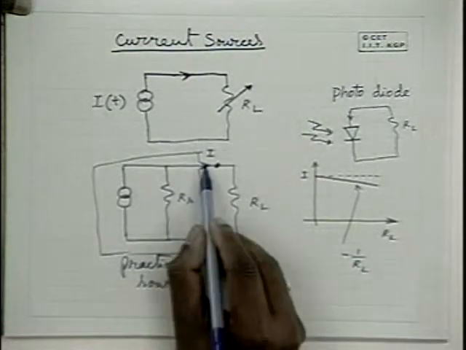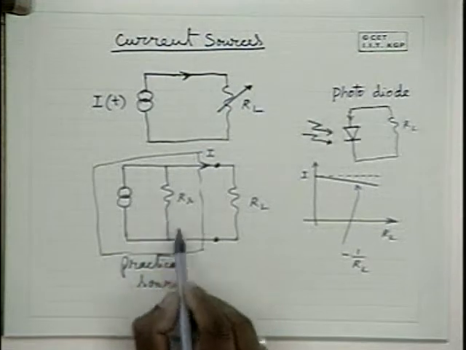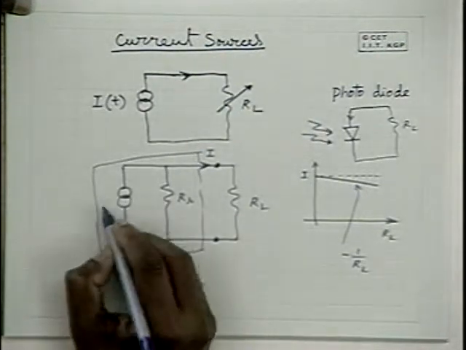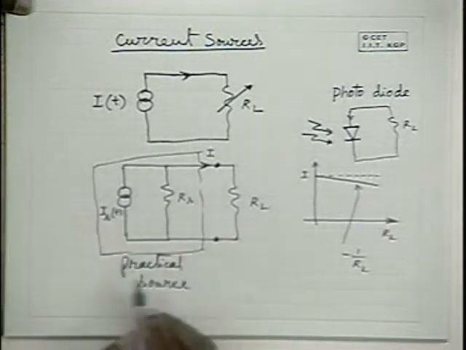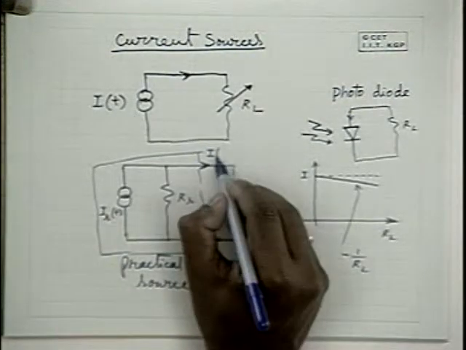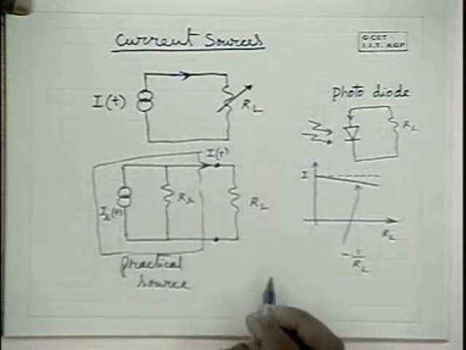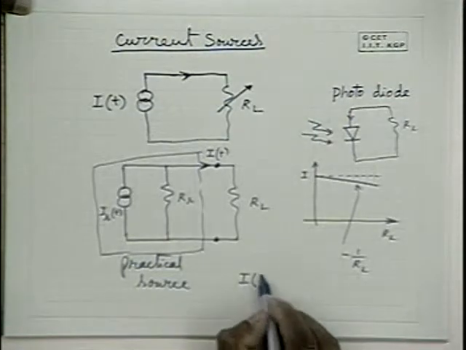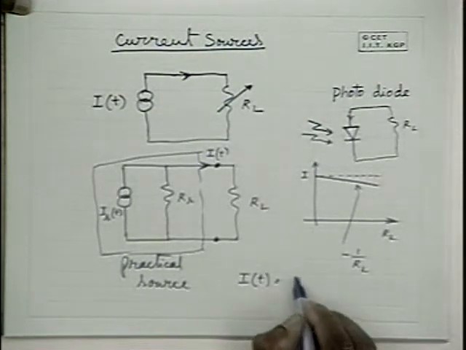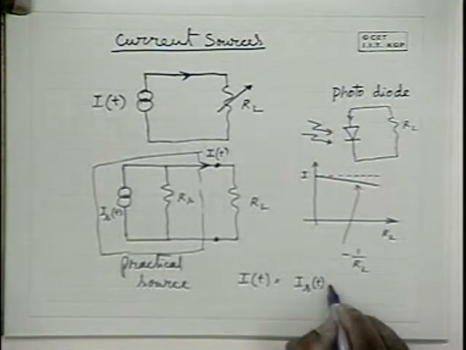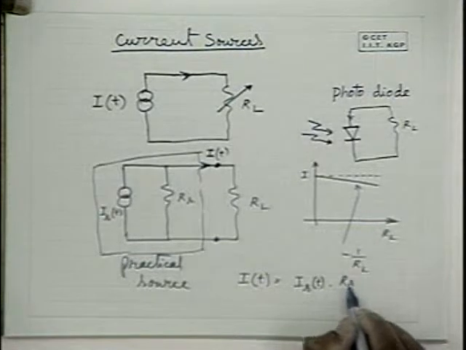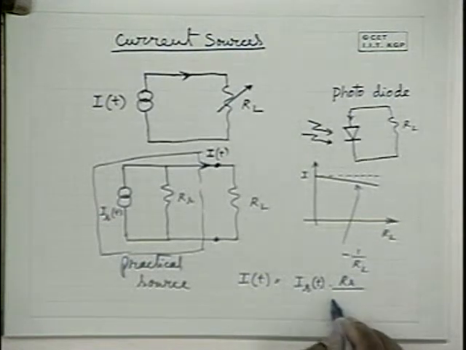And please note that the current drops only when you have a parallel resistance like this. If this is IST and this is IT, IT is equal to IST into RS by RS plus RL.